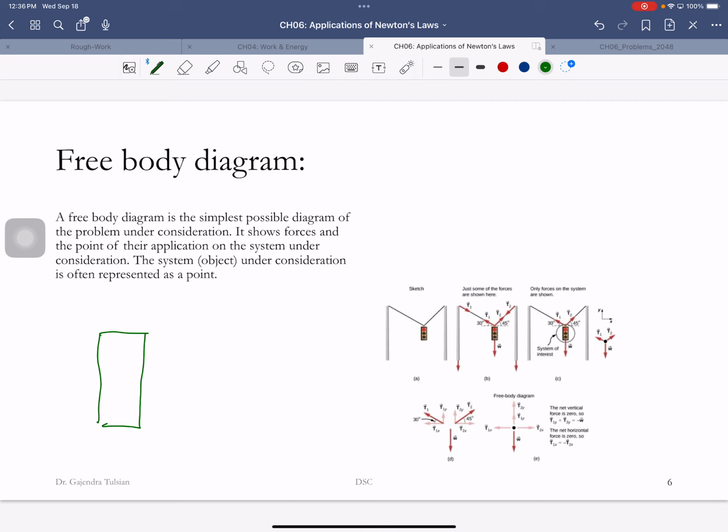Now let's say I apply a force like this, 10 pounds or 10 newtons, we'll keep it like that. Here is the center of mass of the object.